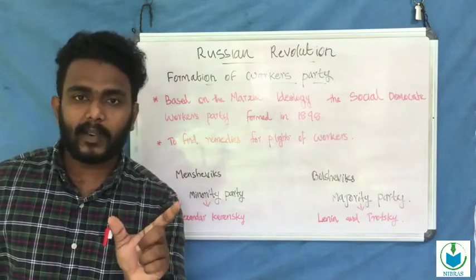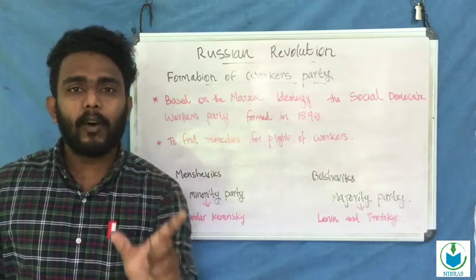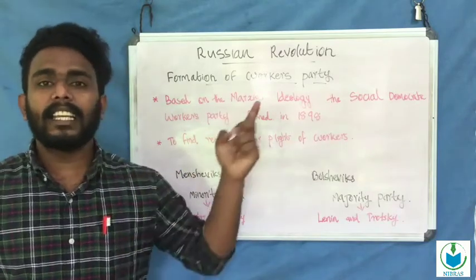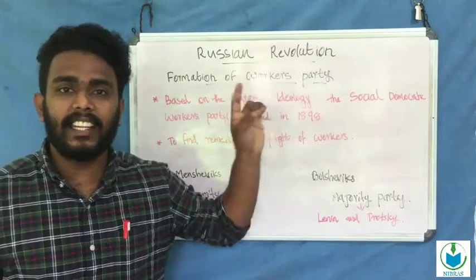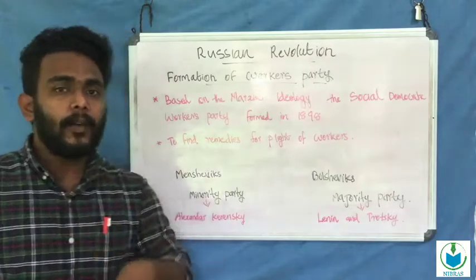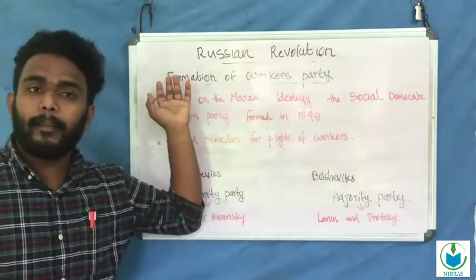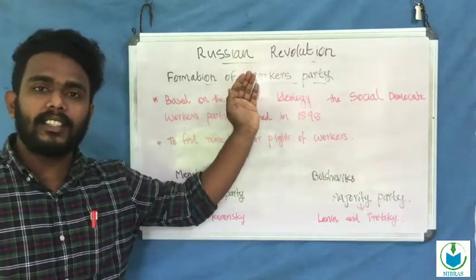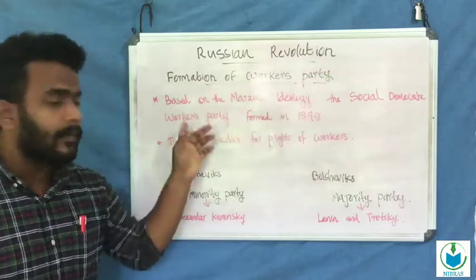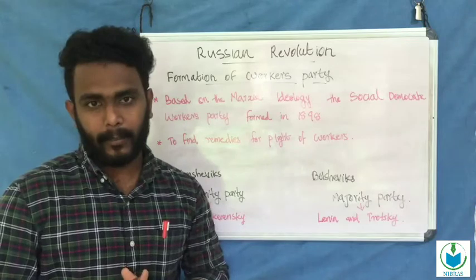It was formed in the year 1898. So in 1898, based on the Marxist ideology, some leaders formed the Social Democratic Workers Party.